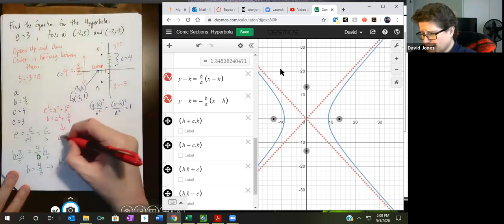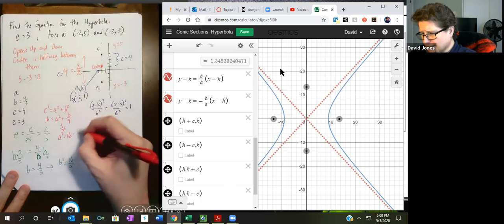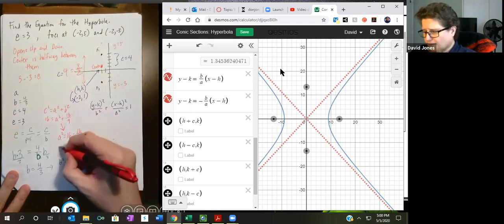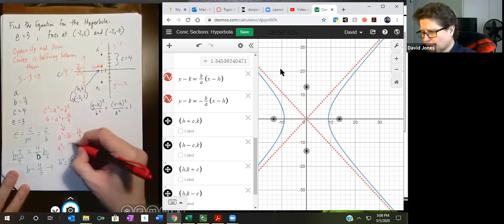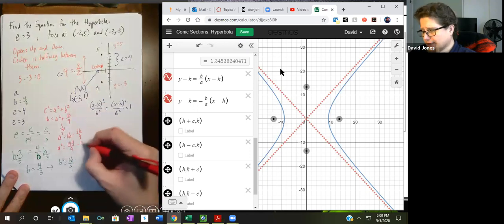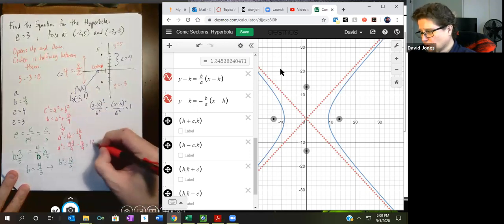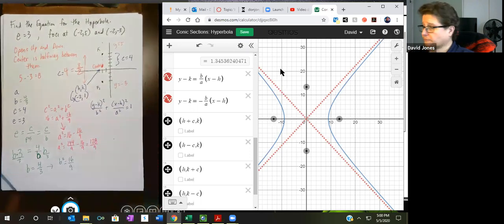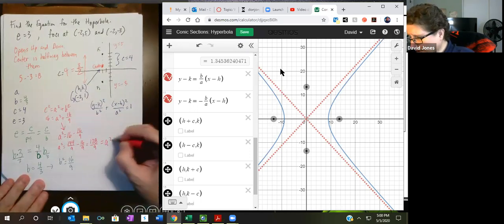So A squared equals 16 minus 16 over 9. We get a common denominator. That's 144 over 9 minus 16 over 9 is 128 over 9. That's all I need. I've got A squared.